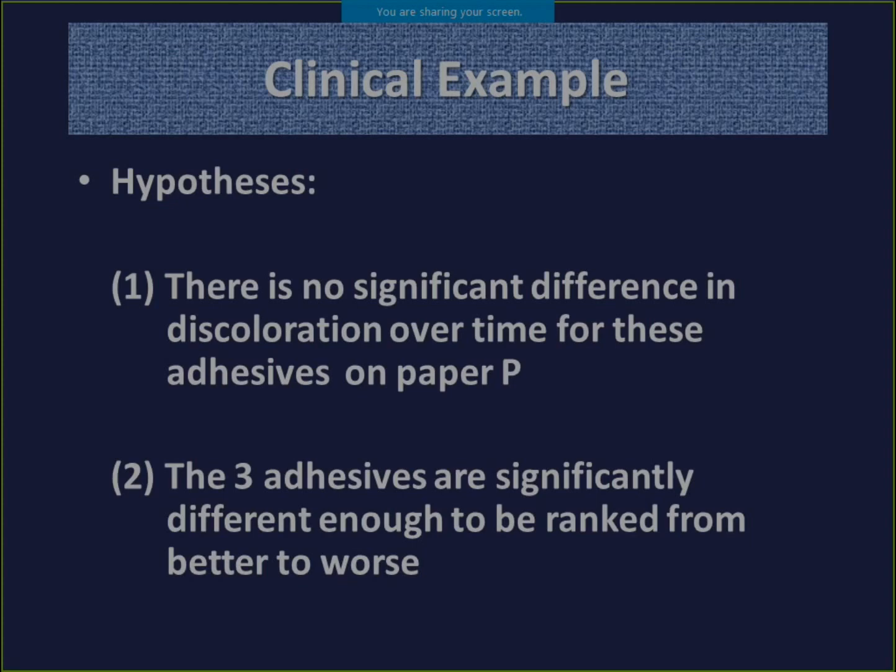And here we have as our two hypotheses, first, that there's no significant difference in discoloration over time for these three adhesives on this particular paper. And the second hypothesis is the three adhesives are significantly different enough to be ranked from better to worse. So clearly one of these will get refuted or eliminated.